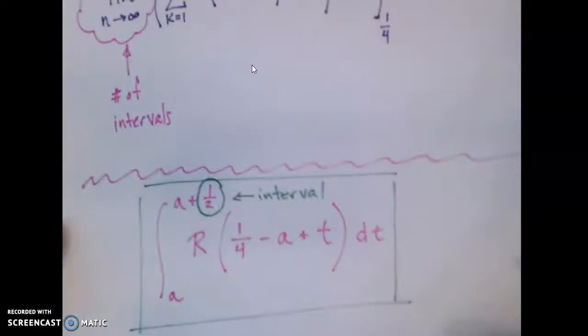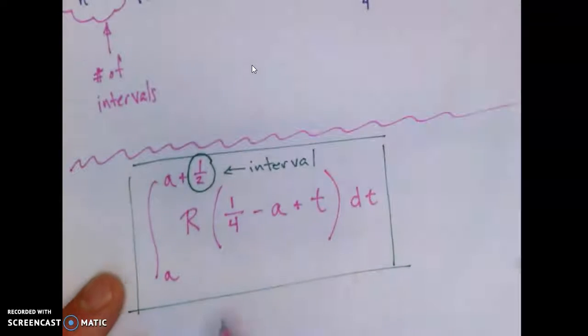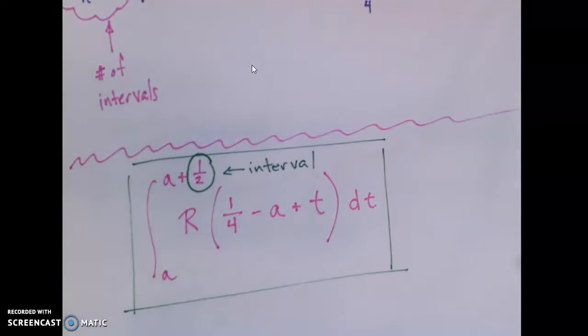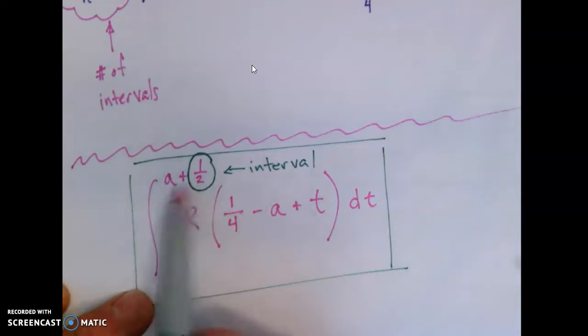All right. Now, on that note, on your answer keys, you have this written, that the limit can also be written as any definite integral of this format. So imagine our a, in this case our a was 1/4, right? But we could have it be anything as long as the top boundary is 1/2 away from that original value. So we have it as 1/4 raised to 1/4 plus 1/2, or raised to 3/4.